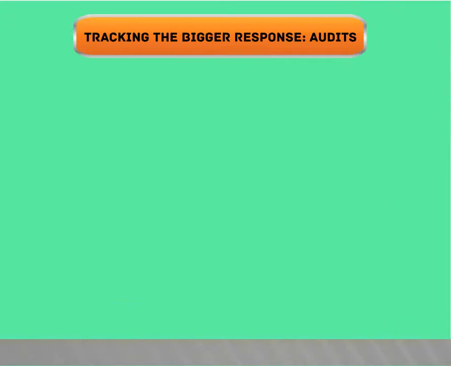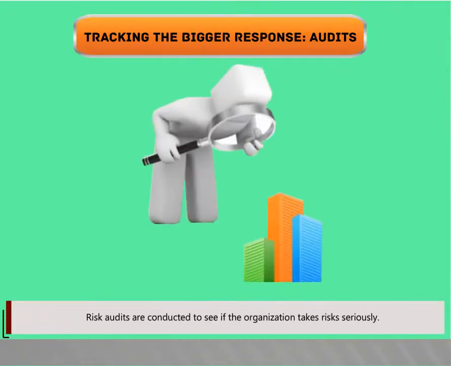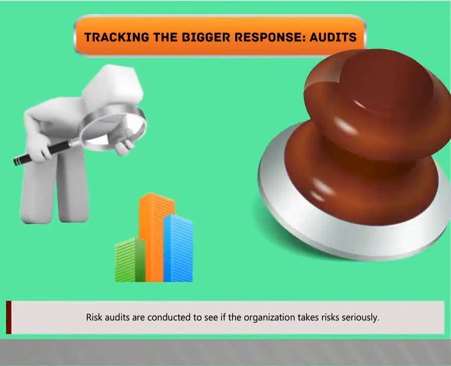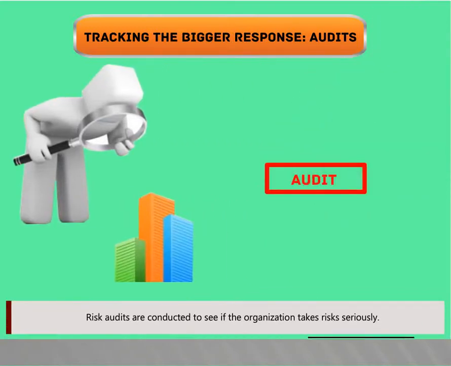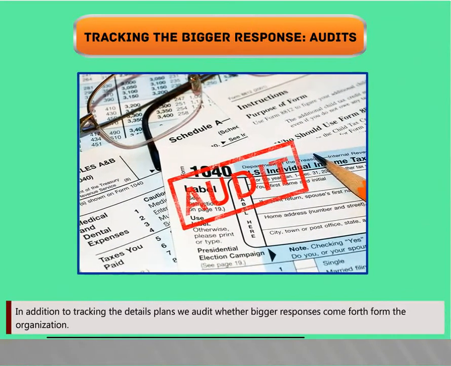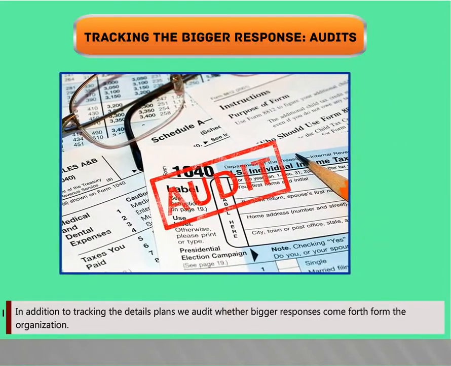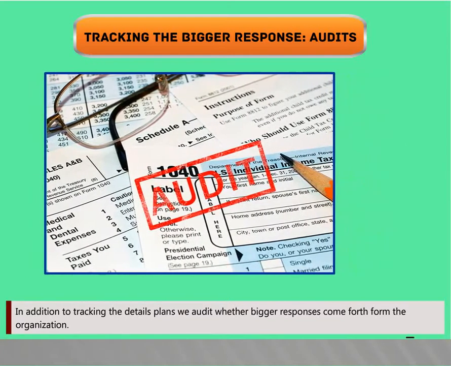Tracking the bigger response audits. Risk audits are conducted to see if the organization takes risks seriously. In addition to tracking the detailed plans, we audit whether bigger responses come forth from the organization.